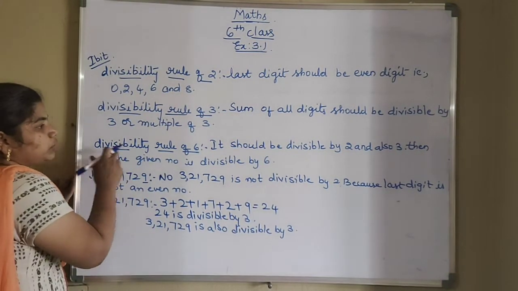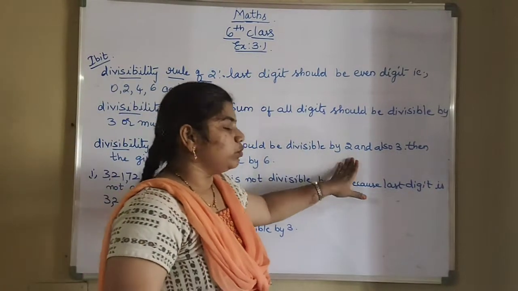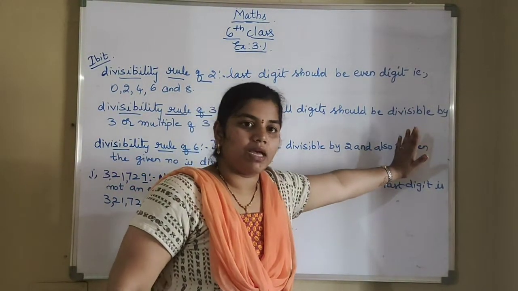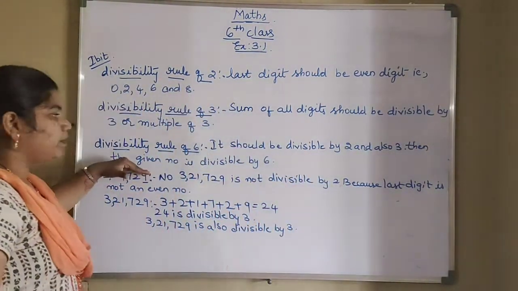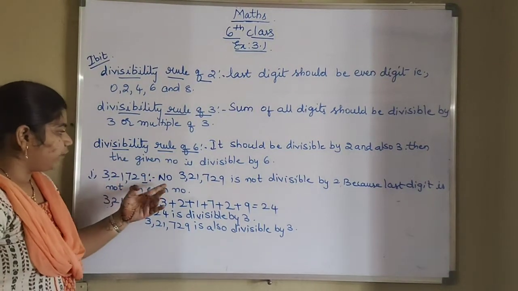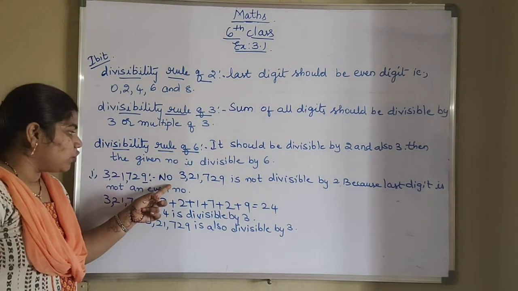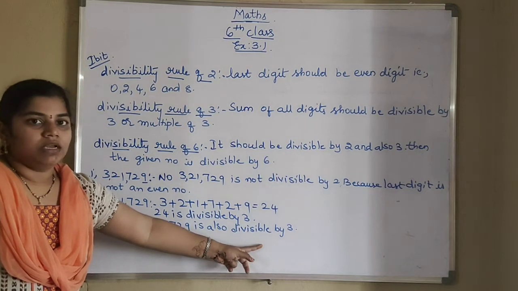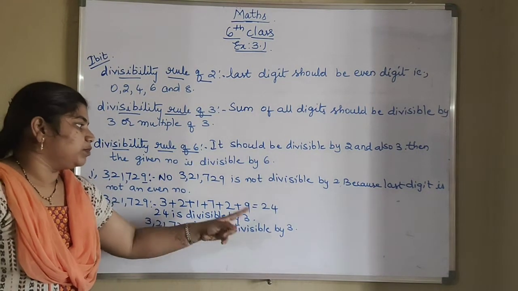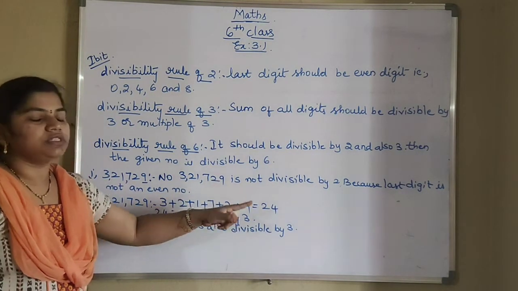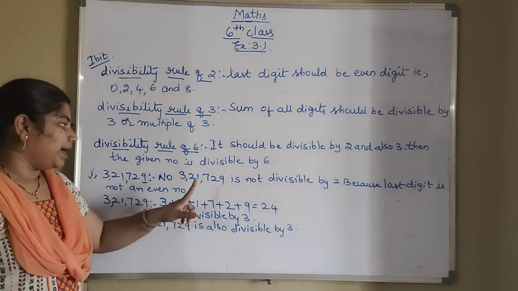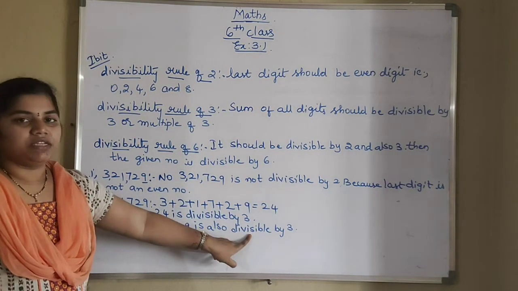What is the divisibility rule of 6? It should be divisible by 2 and also it should be divisible by 3. Then only it will be divisible by 6. So already we have it for 2 and 3. It is not divisible by 2 but it is divisible by 3. By both the divisibility rules it should be satisfied. But here it is not satisfied for one.